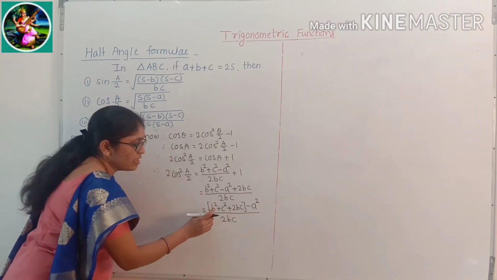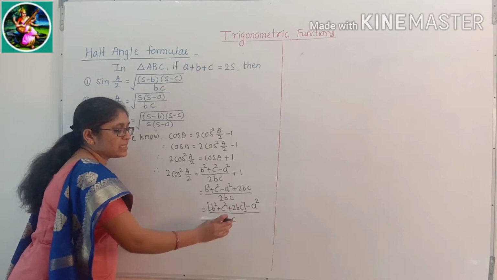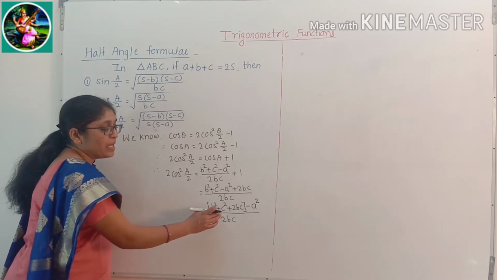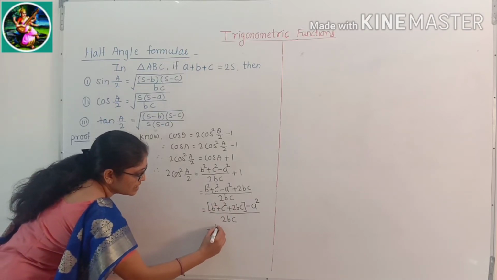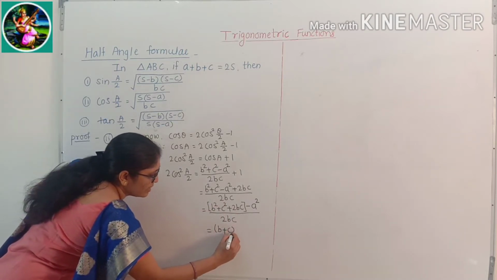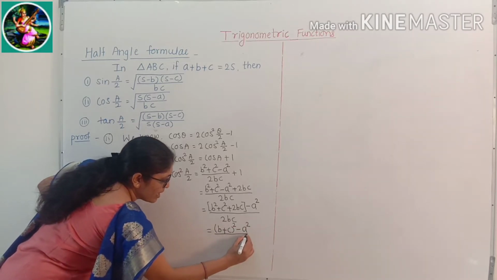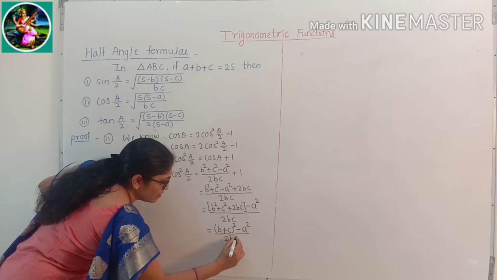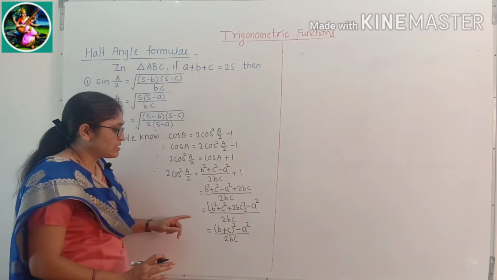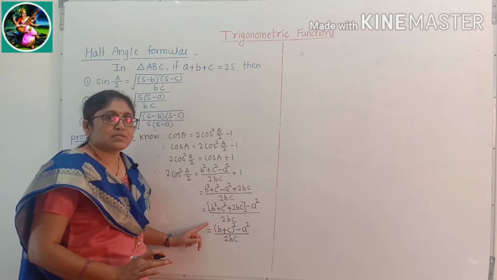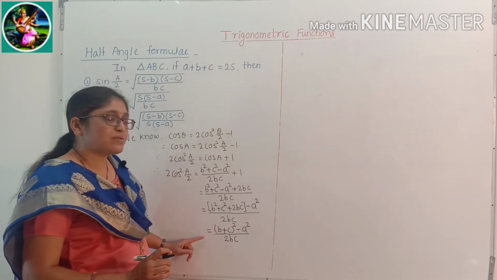Now we see that b square plus c square plus 2bc is the perfect square of b plus c. Therefore, here we write (b plus c) whole square minus a square divided by 2bc. Now this is in the form of a square minus b square, and a square minus b square is (a minus b) into (a plus b).